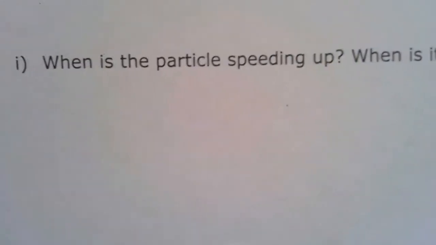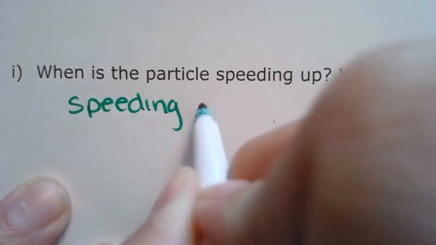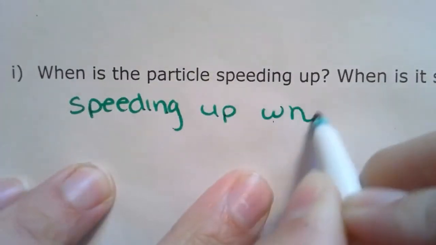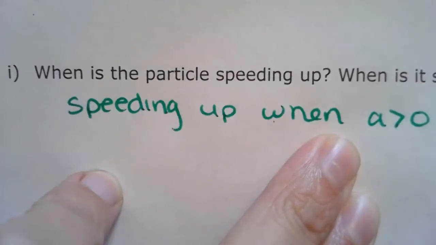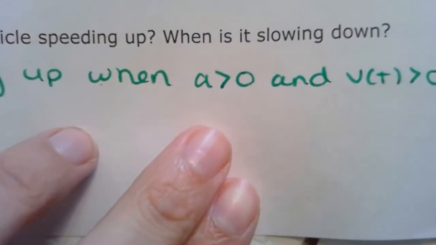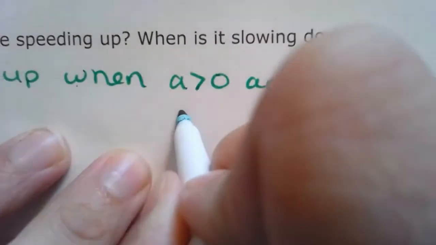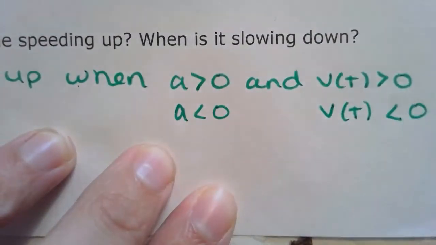And then the very last question down at the bottom, when is the particle speeding up? So an object is speeding up when acceleration and velocity are both positive, or when acceleration and velocity are both negative.